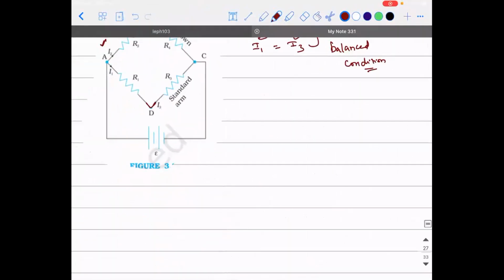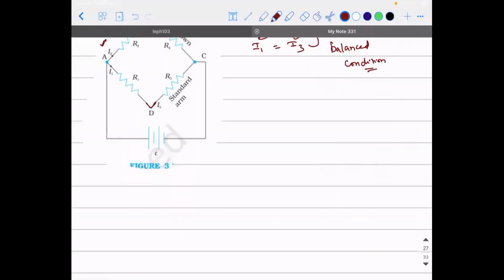Okay. If you look at the sequence in which we are studying, we have seen what is Kirchhoff's law and we have seen the application of it. Now we will see what is meter bridge.